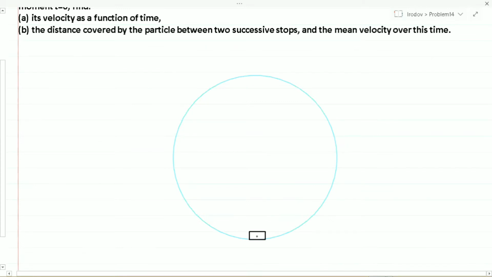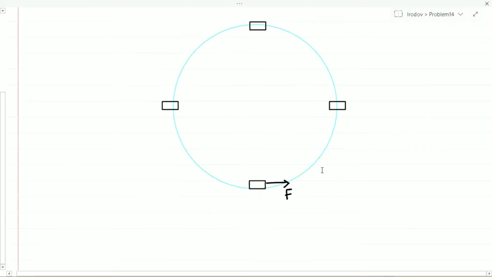Now, this is the particle which is moving in this plane, and there's a force acting on it. Let us name that F. Now we see that this force has a constant magnitude, but it rotates with an angular velocity, which means that it is going to take the particle along this blue circle that we have drawn.